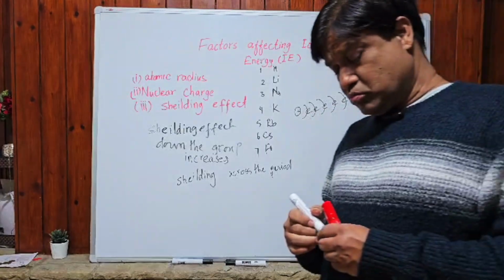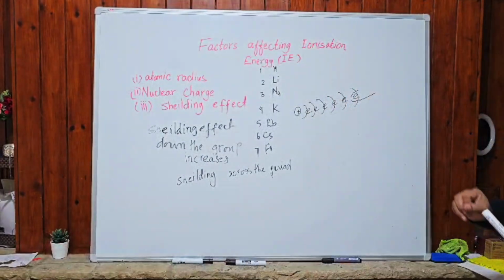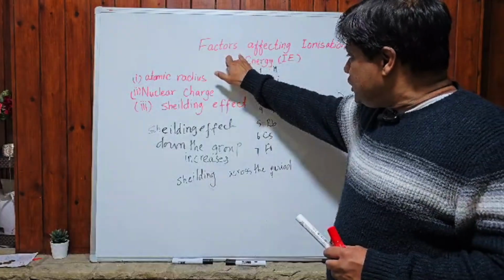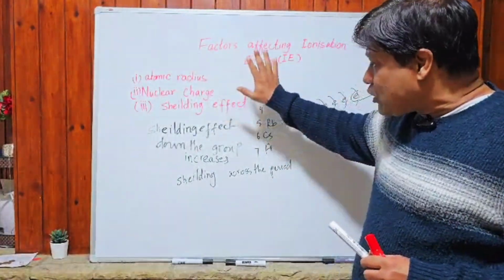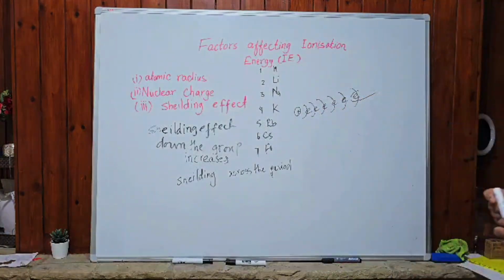As the electrons move further away from the nucleus, it needs less energy to take away. So ionization energy decreases down the group due to increase in atomic radius because we need less energy to take away this electron.